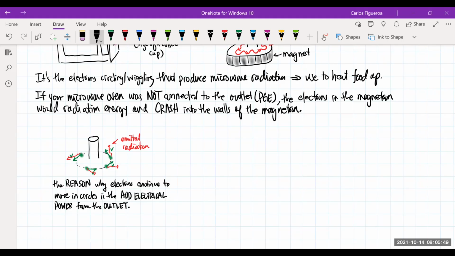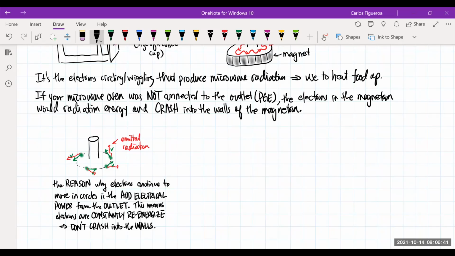What that means here is that the electrons are constantly re-energized, and so they don't crash into the walls of the magnetron.